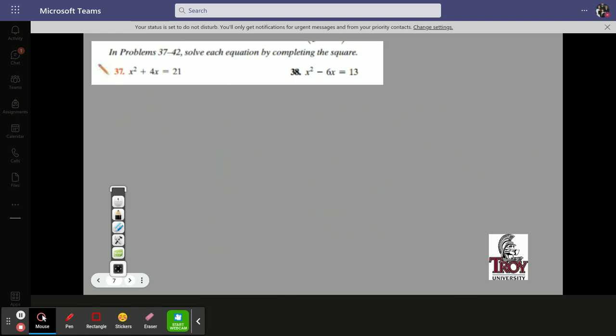When I have x squared plus 4x, put that 21 over there. Complete that square so I have a trinomial square. B divided by 2 squared. 4 divided by 2 squared.